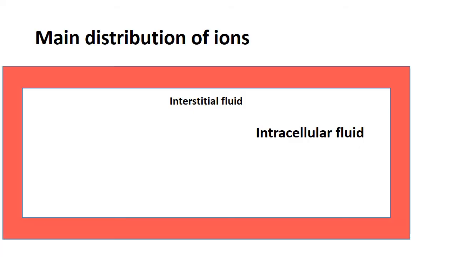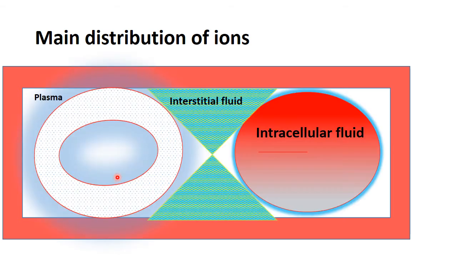Next slide. In this slide, I will tell you the main distribution of the ions, just by the picture. Here you will find two cells, which contain the intracellular fluid, while outside the cell is the plasma, and between the two cells is the interstitial fluid.